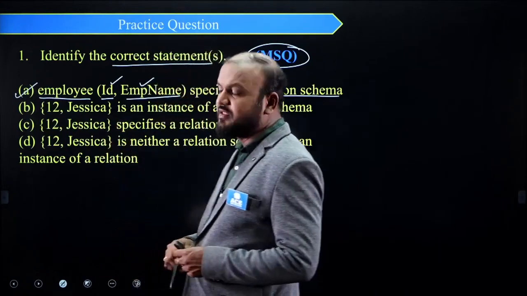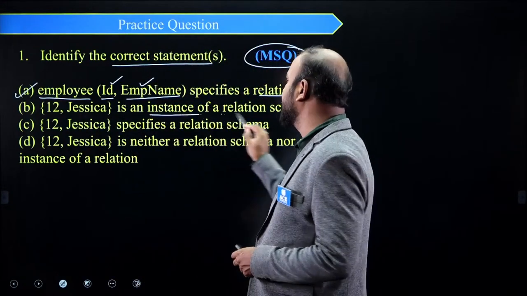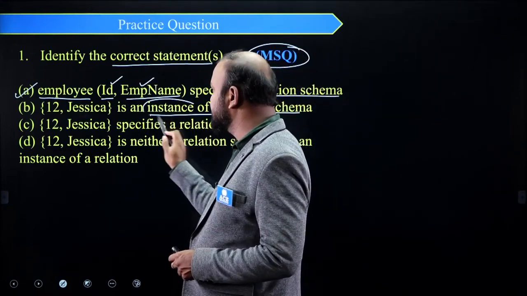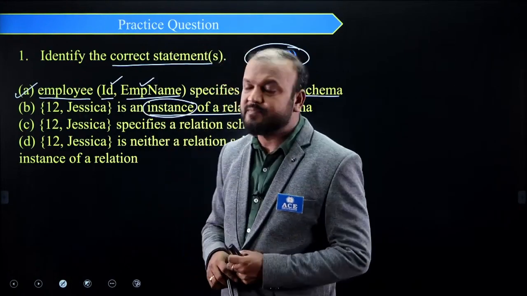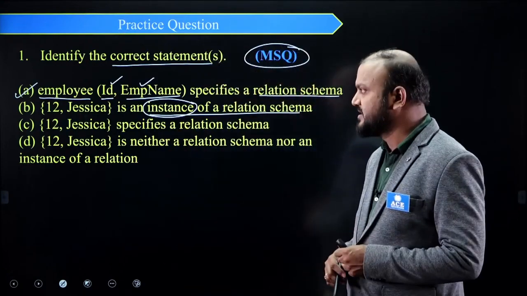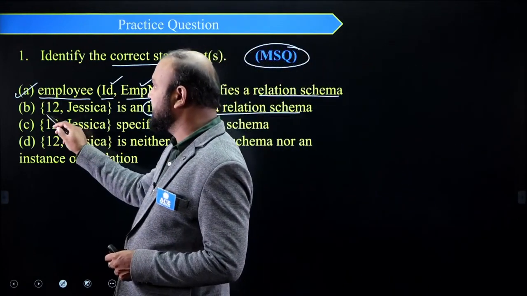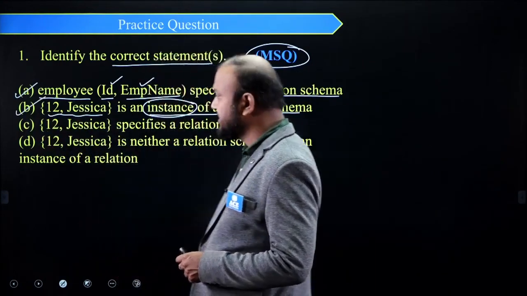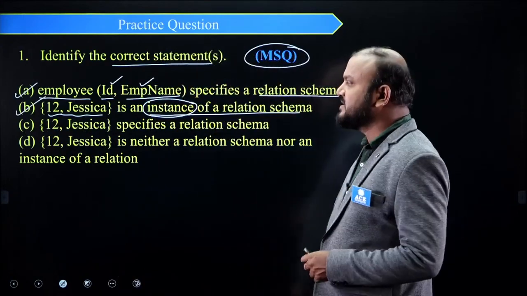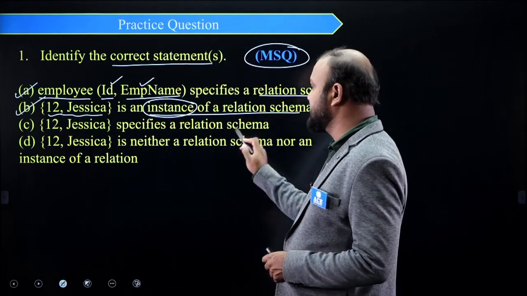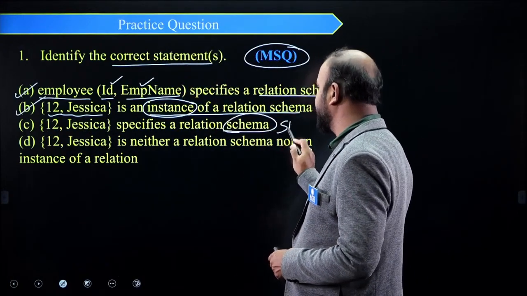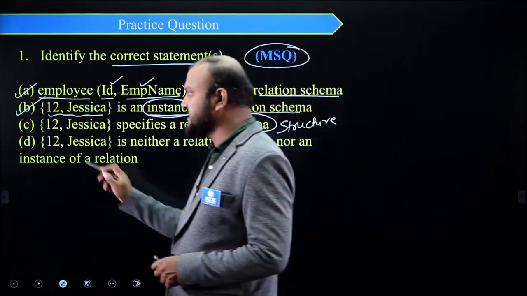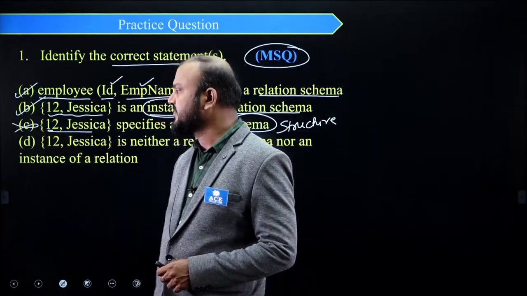12 Jessica is an instance of a relation schema. What is the meaning of instance? A tuple or tuples present in a relation at a particular moment. What is 12 Jessica? Is it a structure? No, it is a tuple. So this is also a correct statement. Now look at '12 Jessica specifies a relation schema'. Schema means it should specify a structure, not a tuple, but 12 Jessica is a tuple, so it is incorrect.